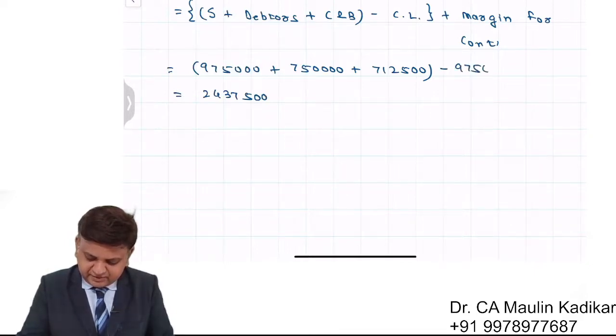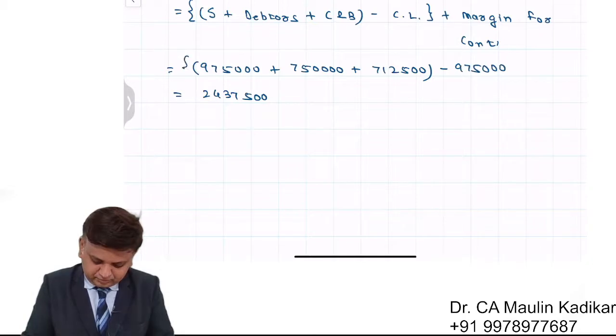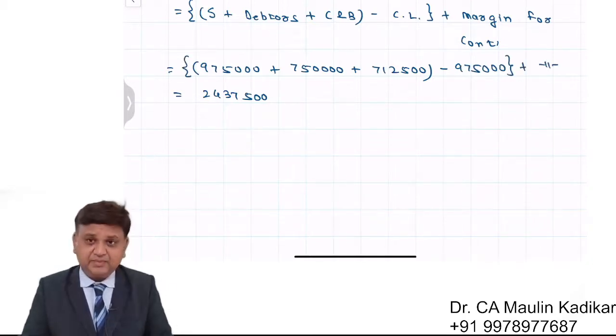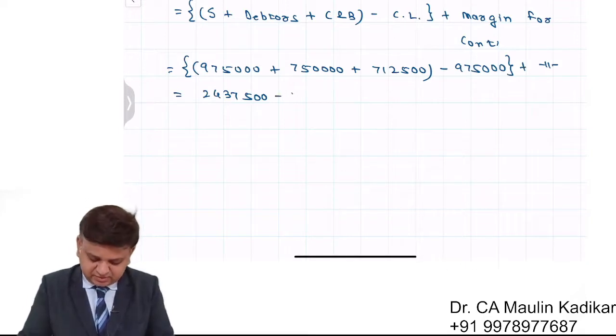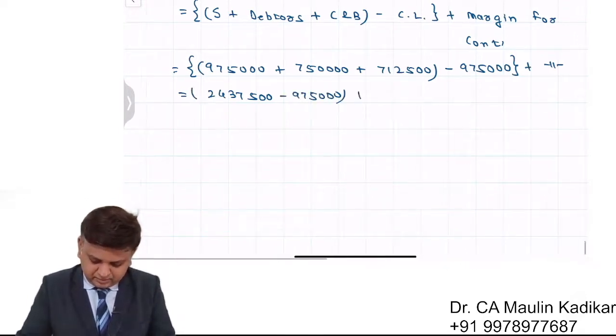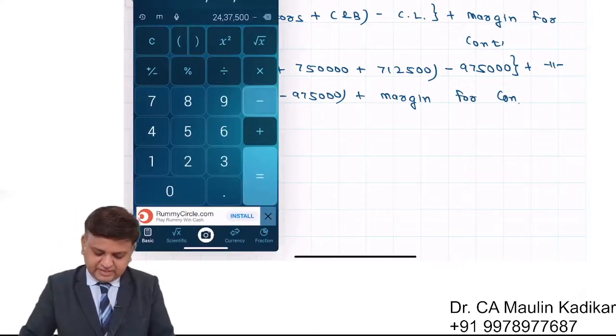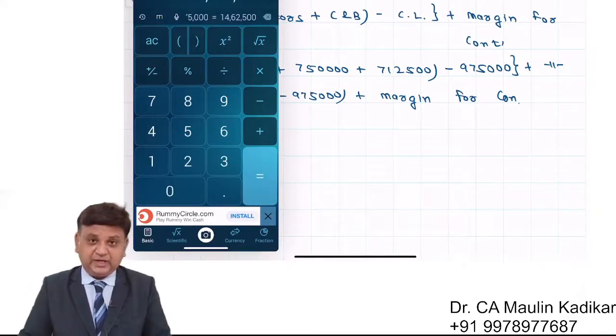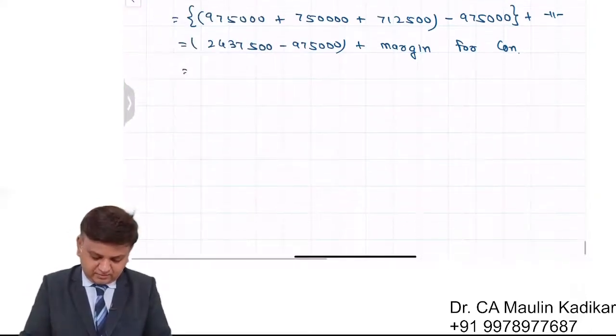Minus 9,75,000, plus margin for contingencies. So 9,75,000 is deducted. That comes to 14,62,500.